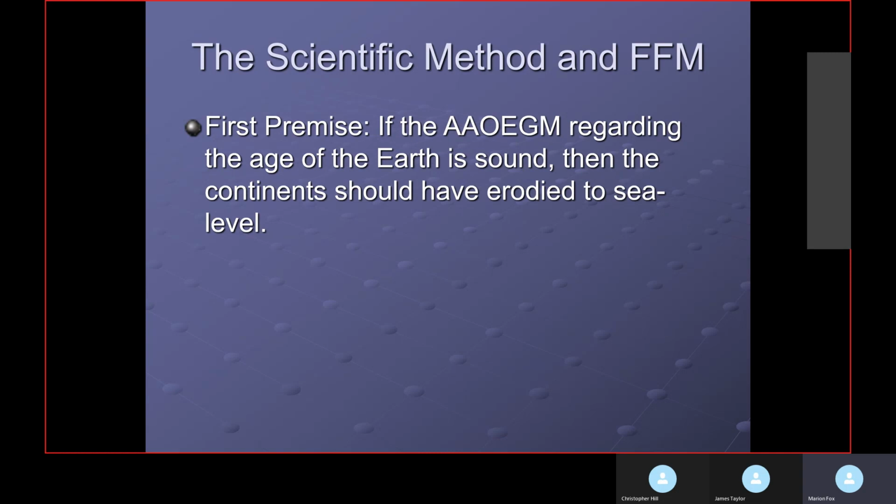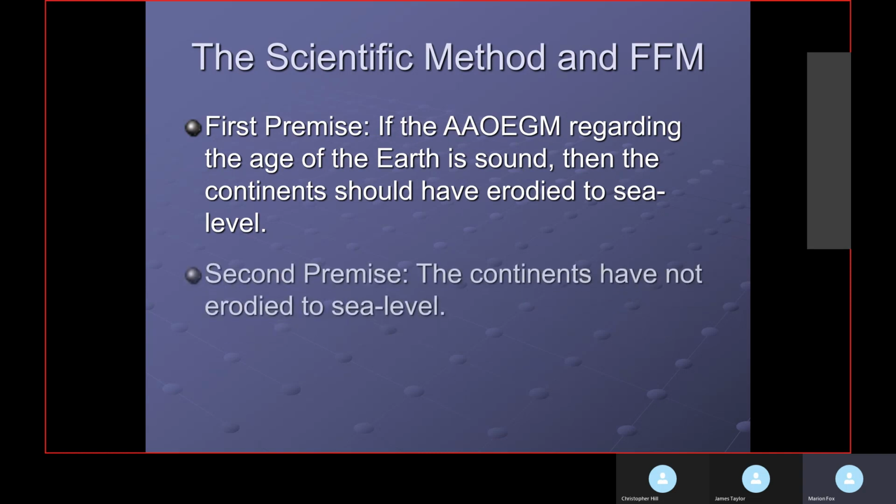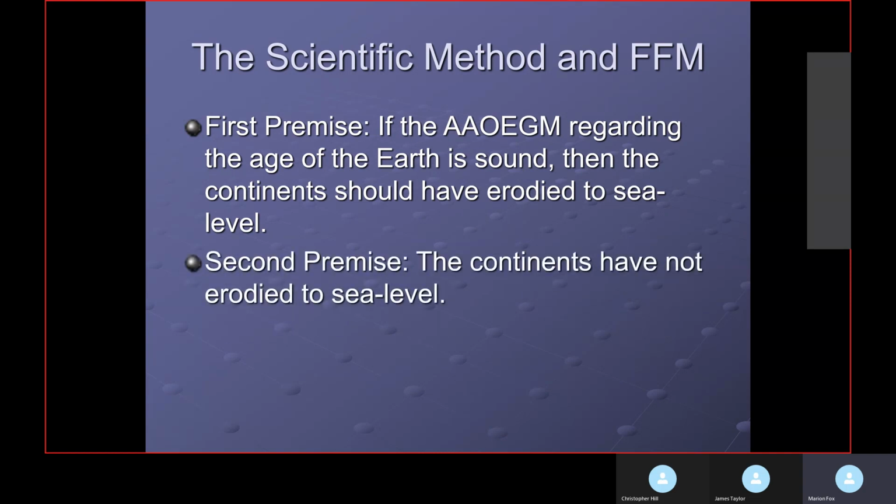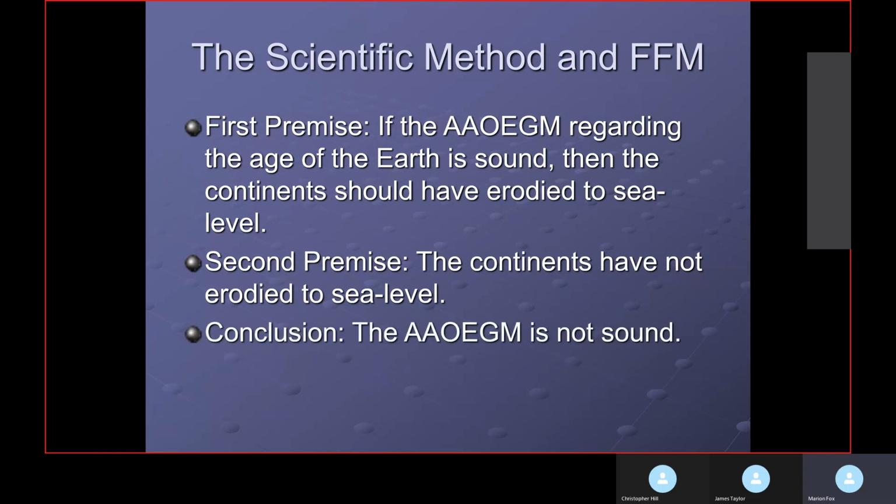Why? Because they deem that it's 4.5 billion years old, the Earth is. The continents have not eroded to sea level, therefore, their model is not what? Not sound. So their model has been disproven.